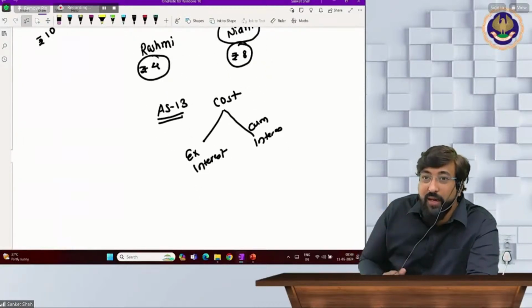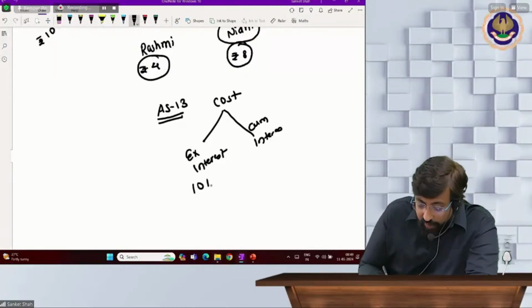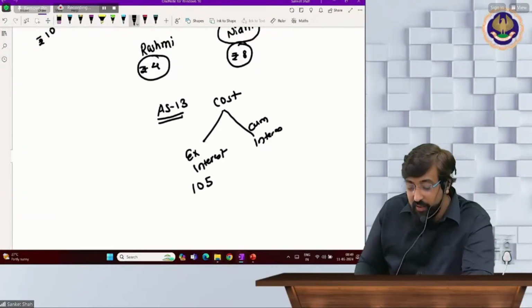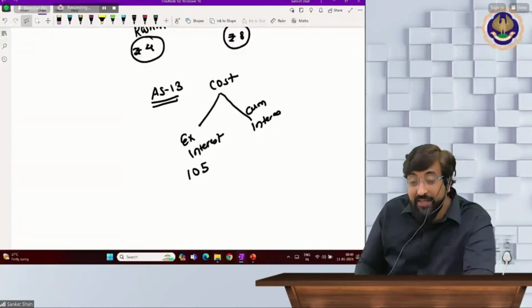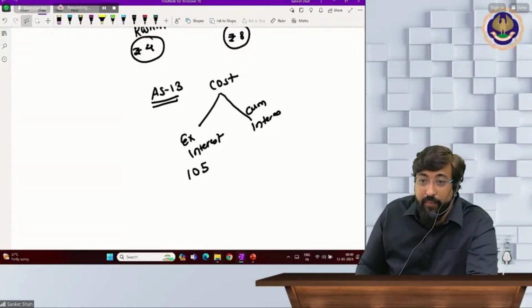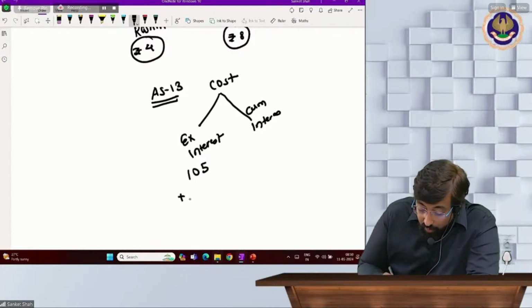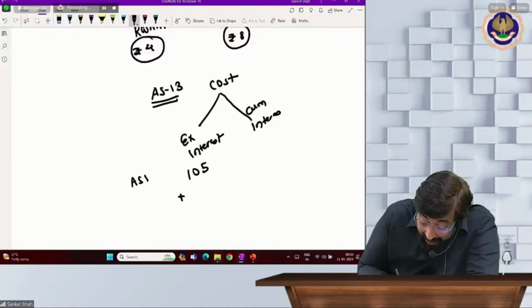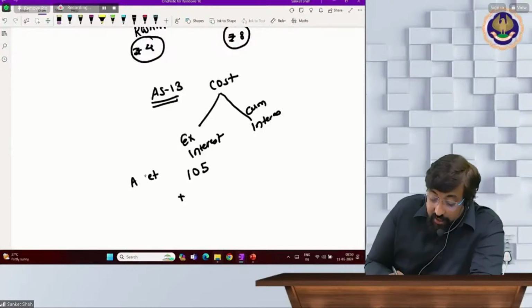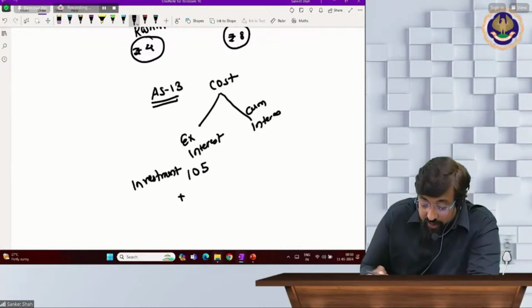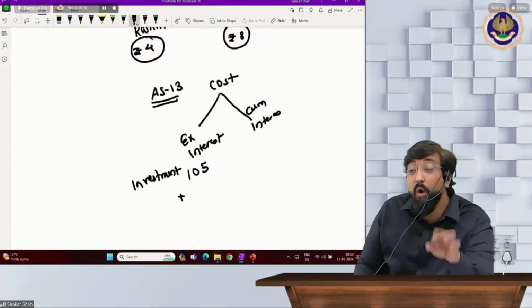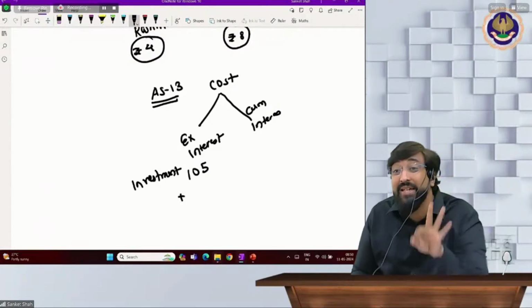Suppose if you decide the price, assume 101 or 105. What is you decided price is 105. So 105 is excluding interest. Correct? Say yes, or no? Yes sir. Now, ex interest is your asset balance. Asset means in investment, you will record this. Where you will record this? In investment. Yes. Investment always shows ex interest balance.